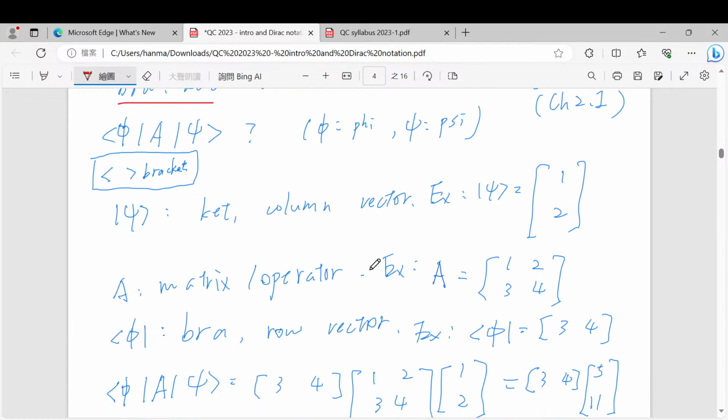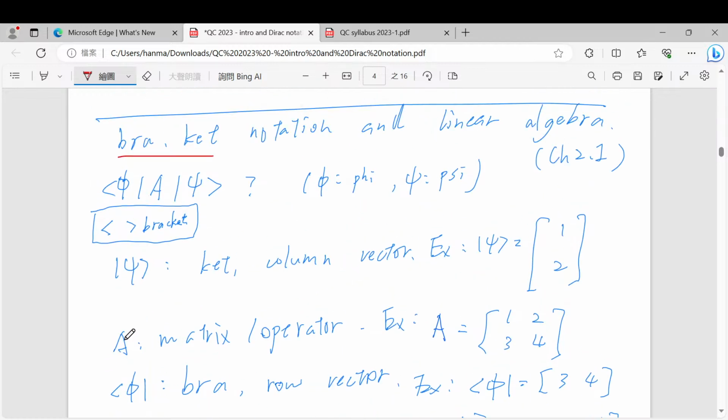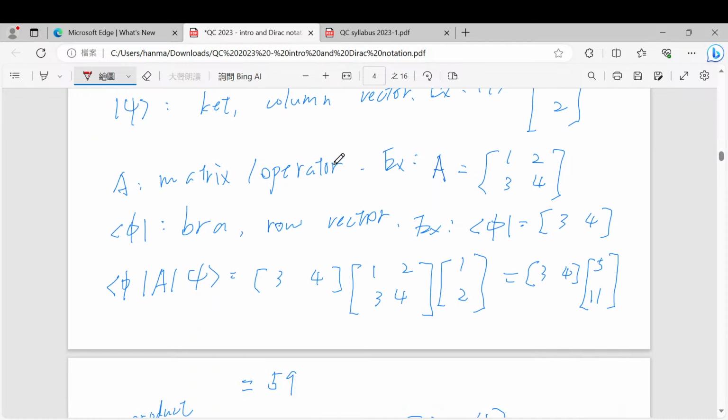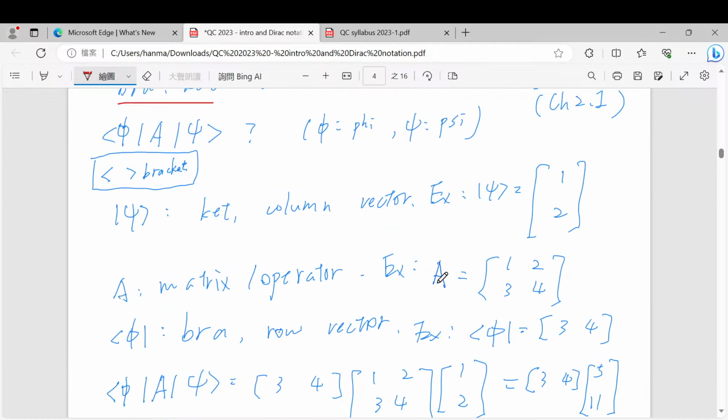Also, we are in complex space, so all the numbers here can be complex numbers. Then we use capital letters to represent our matrices, and for physics reasons, sometimes those matrices are also called operators. For example, we can have A equal to 1, 2, 3, 4, a 2 by 2 matrix.